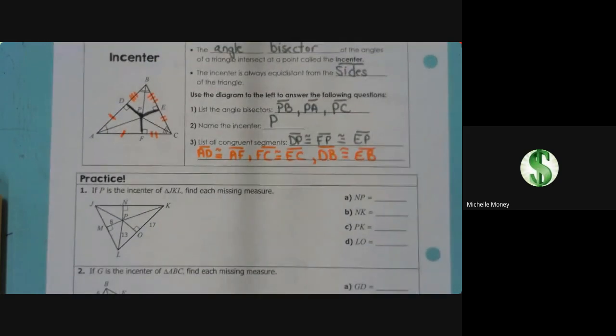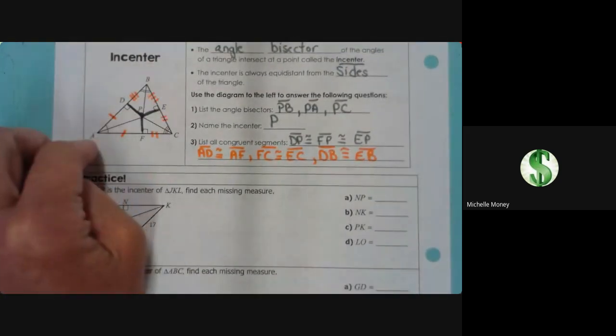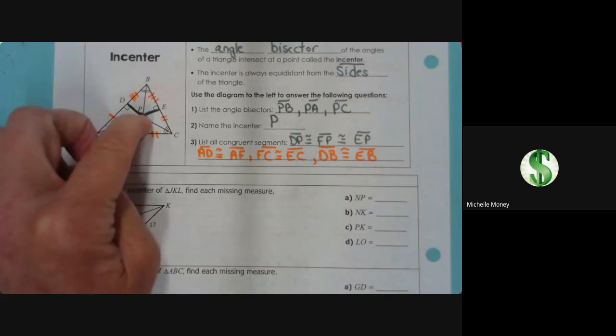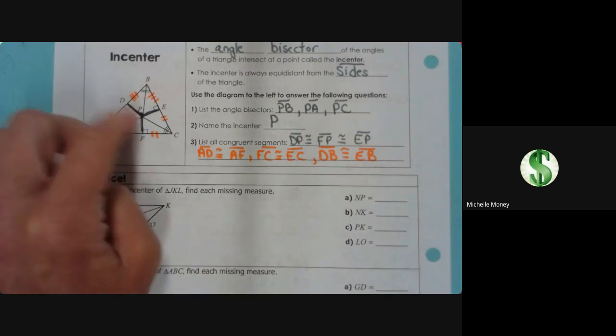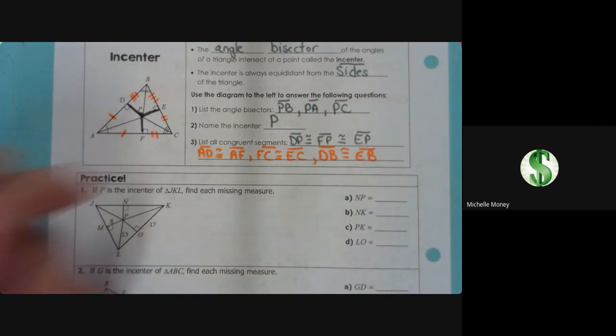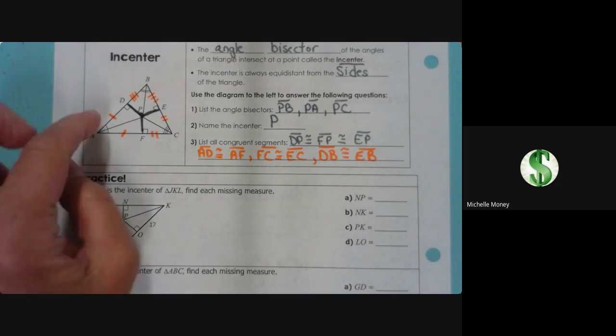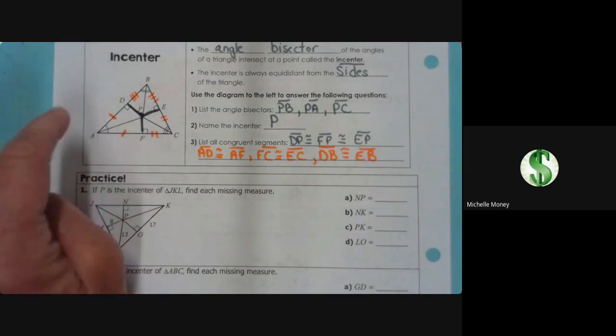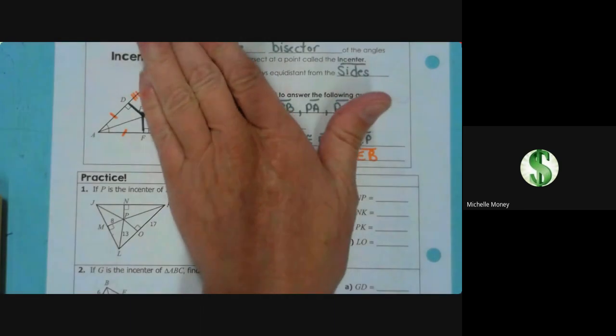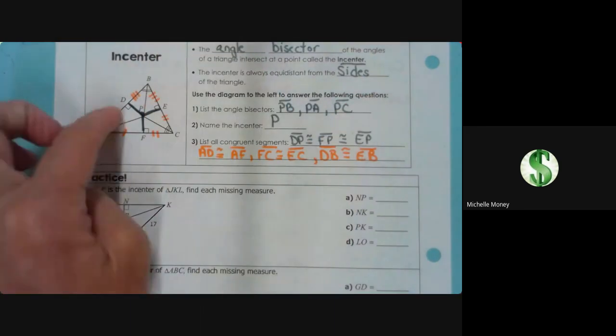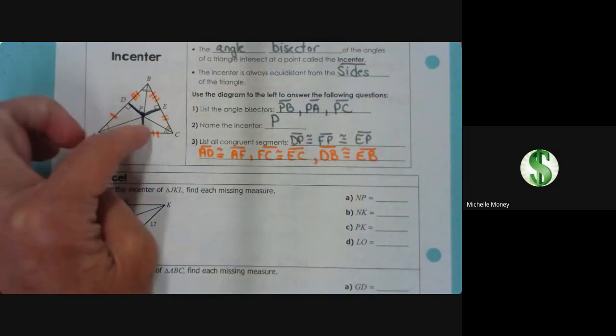All right, so again, the angle bisectors create the incenter. The incenter is equidistant to the three sides. And by doing that from yesterday, if you notice, that looks kind of like the little kite we cut yesterday. We have equal segments, and then we have 90-degree angles where it intersects.